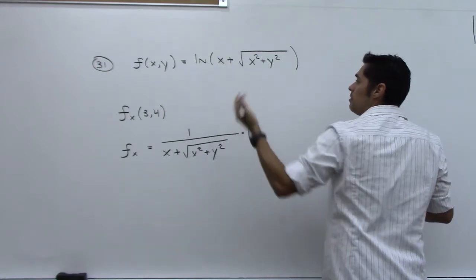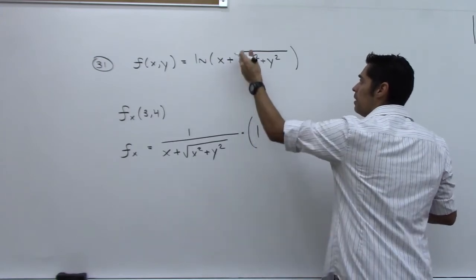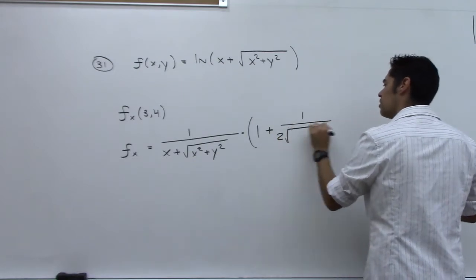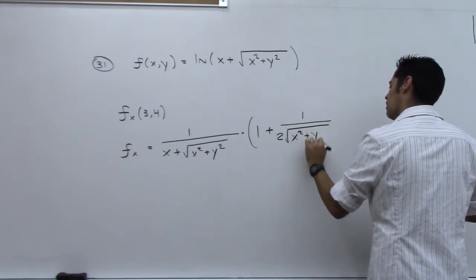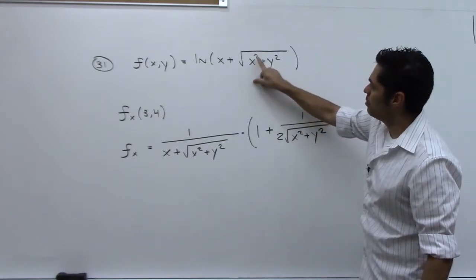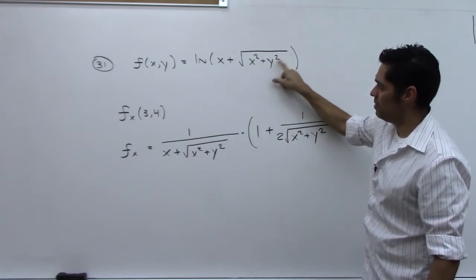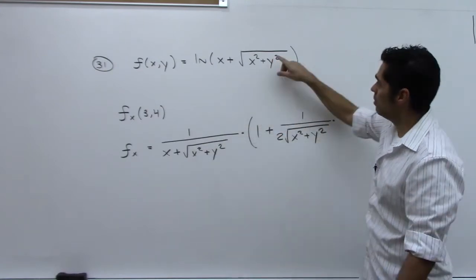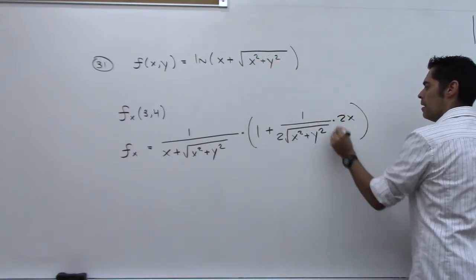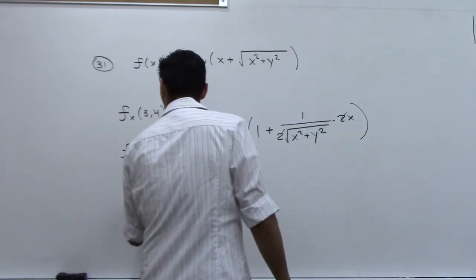The derivative of x is 1, plus the derivative of the square root of something, which is 1 over 2 times the square root of x squared plus y squared, times the derivative of what was in here. The derivative of x squared is 2x, plus the derivative of y squared is 0 because y is a constant when we're doing the partial with respect to x. So the derivative of the inside is just 2x. These twos cancel, and I'm just going to leave it like that.